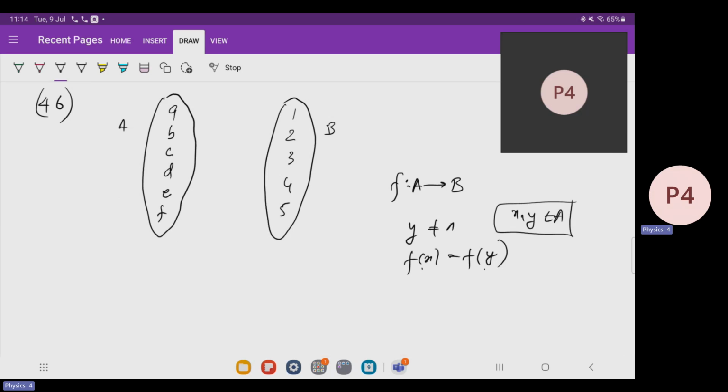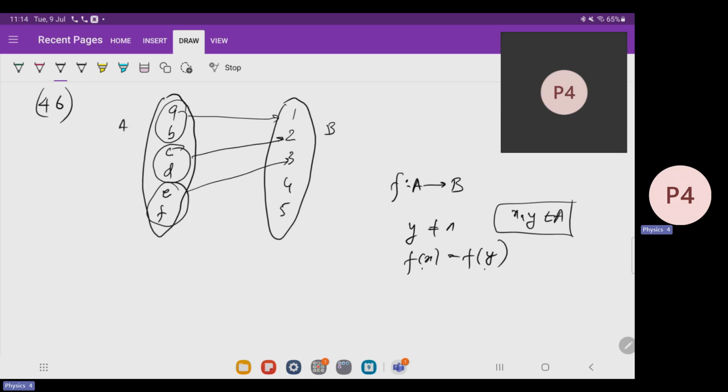This has to be true for all the numbers. In other words, we form groups of 2. Let us say this is one example, one such mapping: ab is mapped to 1, cd is mapped to 2, ef is mapped to 3. This is the type of function which they are talking about.